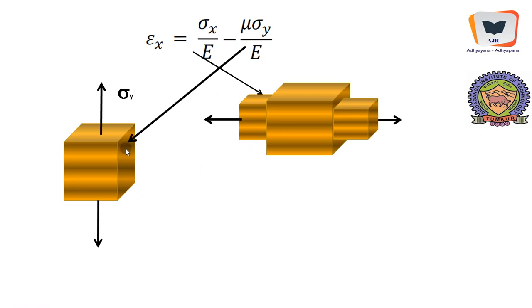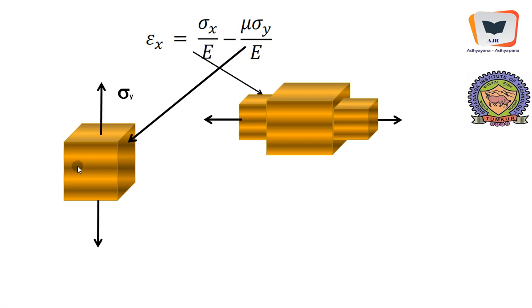So this can be accounted for by the expression mu times sigma y by E. Sigma y by E is the strain along this particular direction, and we are contemplating finding the strain along this other direction. So it is Poisson's ratio multiplied by this strain.